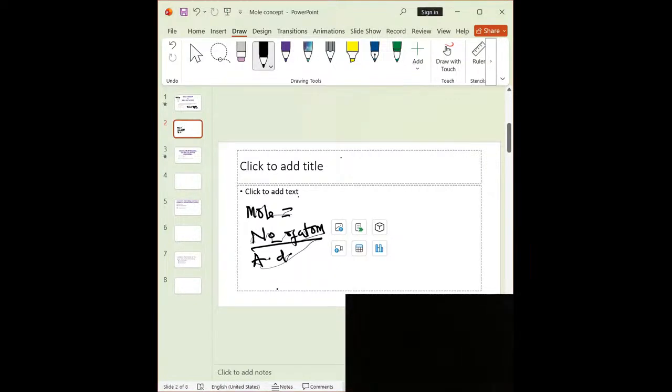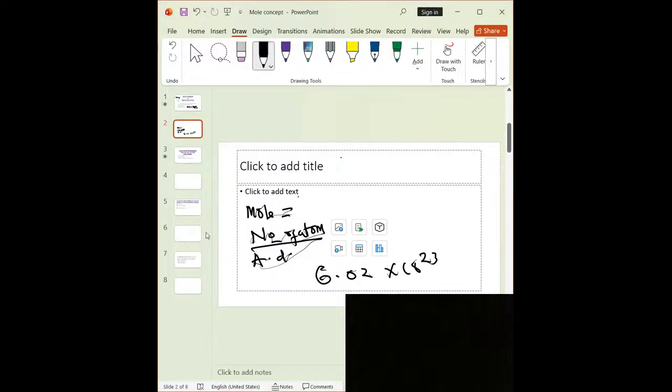And what is this Avogadro constant? Avogadro constant is given as 6.02 times 10 raised to the power 23. That is, 1 Avogadro constant equal to 6.02 times 10 raised to the power 23 particles. These are the two equations we're going to work with to solve some questions.